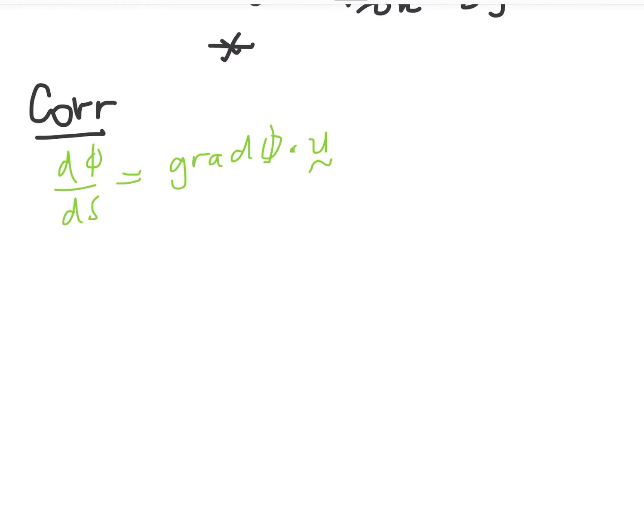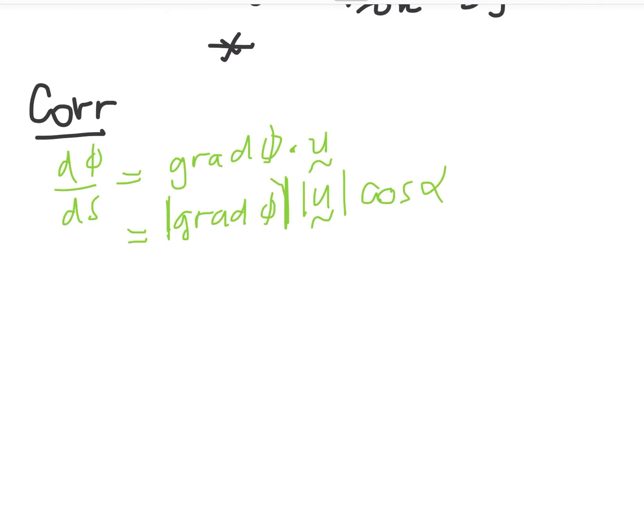So, if you spell this out, one way of doing this is to remember the alternative definition of the dot product of two vectors. If you recall this from first year, this is the mod of grad phi multiplied by the mod of u multiplied by the cos of the angle between the two vectors.